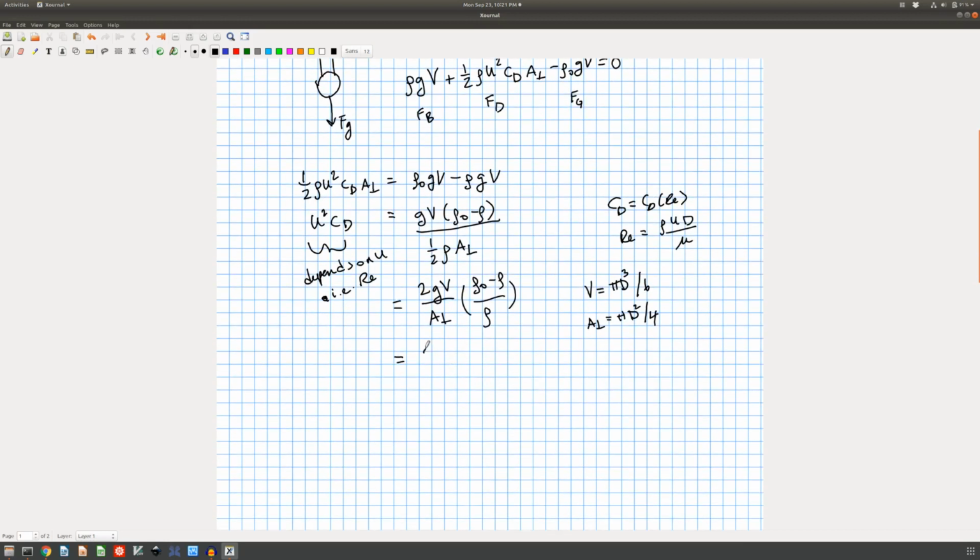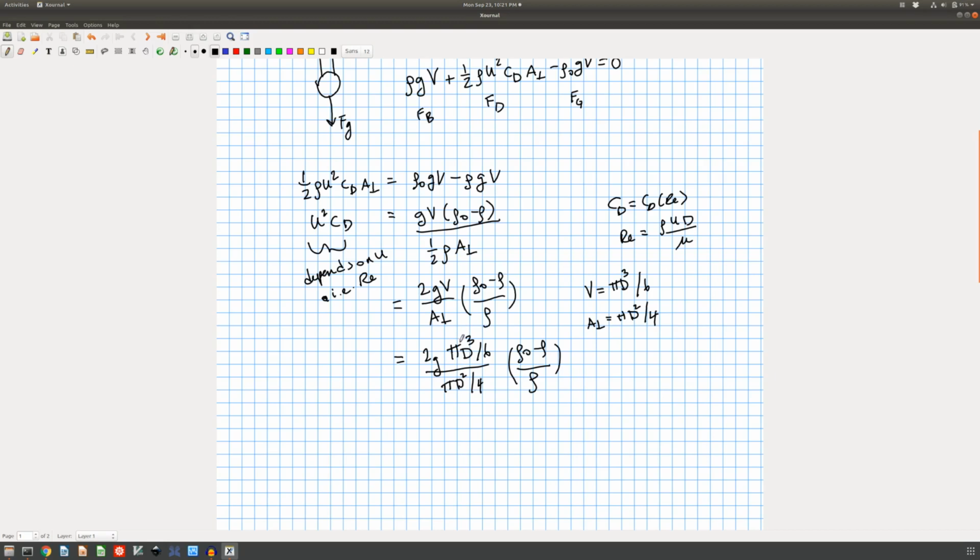So I'll give myself a little more space here. I have 2g, and then I have pi d cubed divided by 6, then divided by pi d squared over 4, and then over here I still have my rho 0 minus rho over rho.